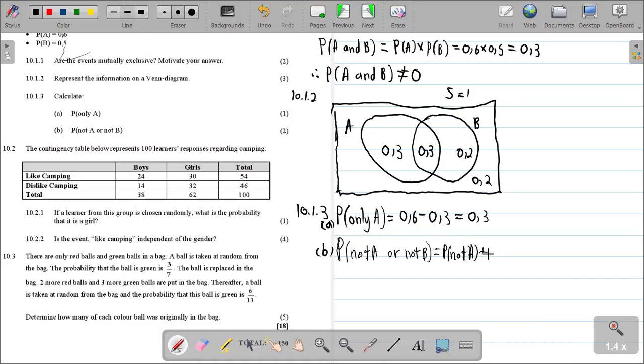Plus P of not B minus P of not A and not B.